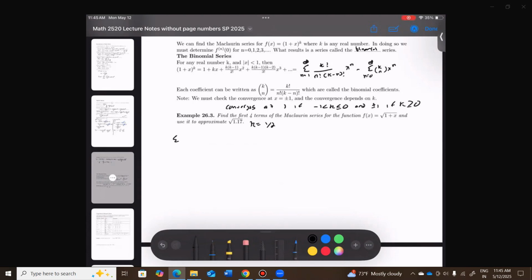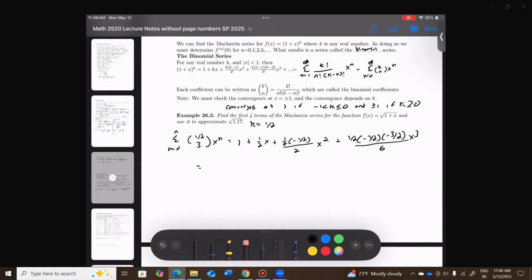So summation from n equals 0 to infinity of 1/2 choose n x to the n. That's going to be 1 plus 1/2 x plus 1/2 times negative 1/2 over 2 x squared plus 1/2 times negative 1/2 times negative 3/2 x cubed over 6. And so that's the first 4 terms: 1, 2, 3, 4.